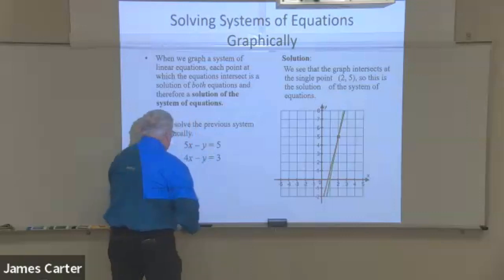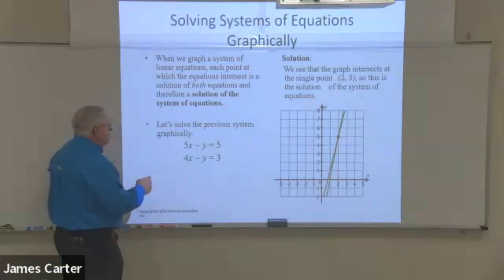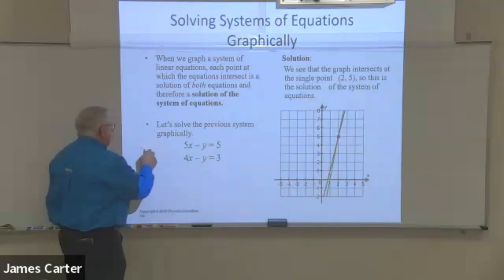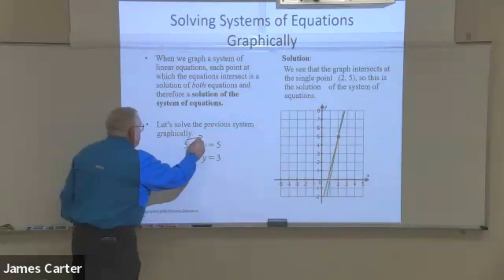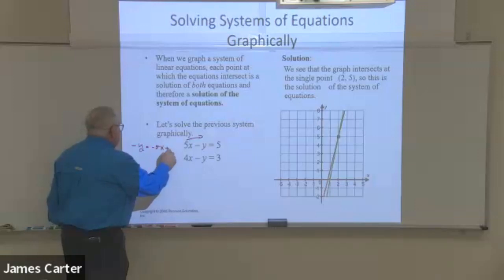Now, something that's not shown in my slide that for the most part you're going to need to do in order to easily graph this, let's put this in y equals mx plus b format. So we would have negative y equals negative 5x plus 5.